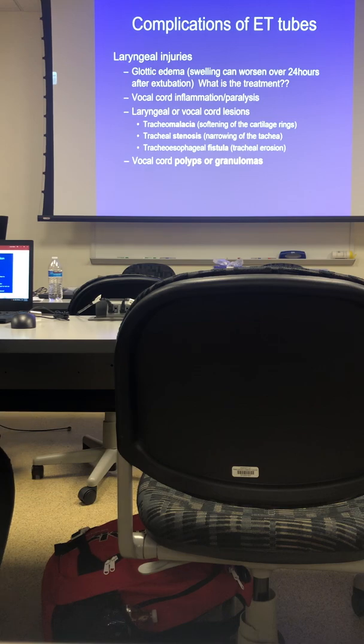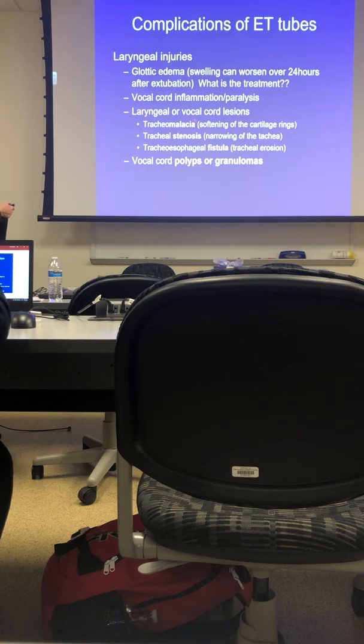Number two, if you inflate that cuff too high, you could cause mucosal injury, all right? So I put three different injuries here that I want you to know, okay? And I've actually written out the definitions for you.